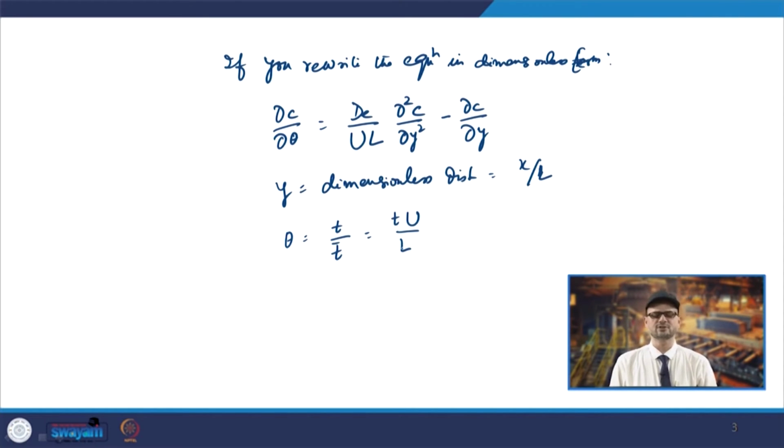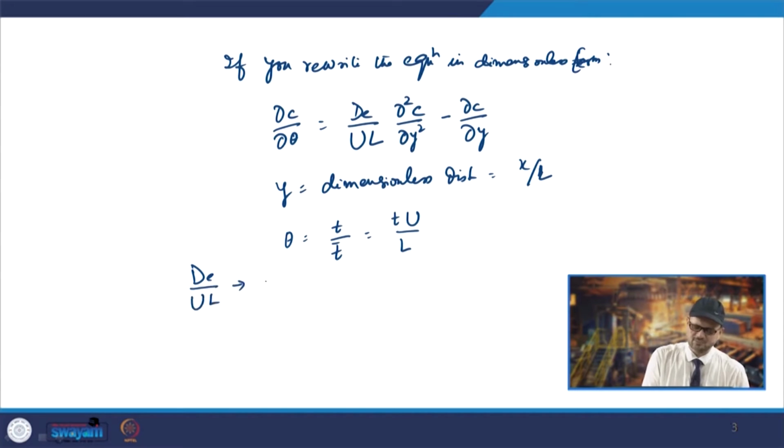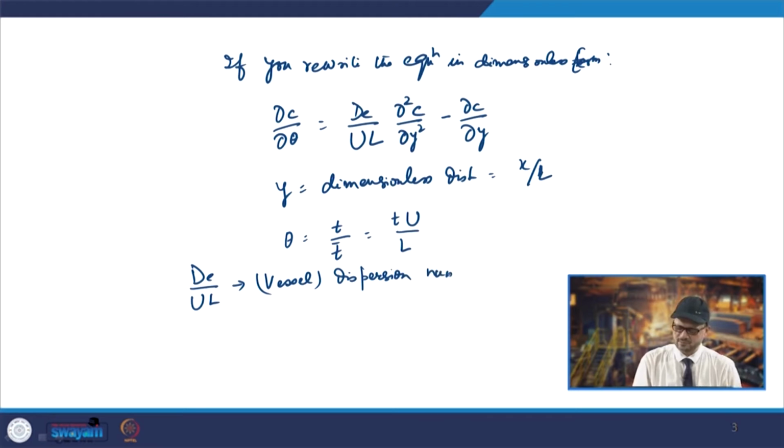Now, in this equation you have the term dE upon UL. This is a dimensionless group, and this term is known as the dispersion number, or the vessel dispersion number.